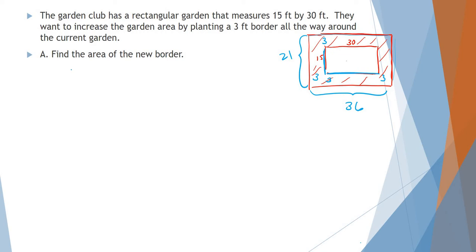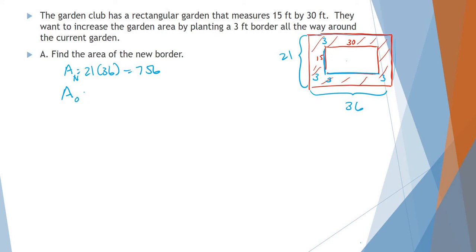So the area of the new entire garden would be 21 times 36. So this would be a good thing for your calculator. That's 756. The area of the old garden, I'm going to label this A sub n. Anytime you use a subscript, that helps you keep track of what you're doing.